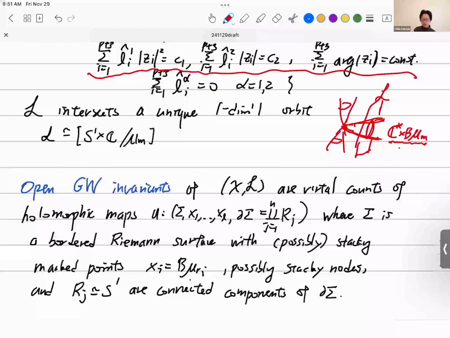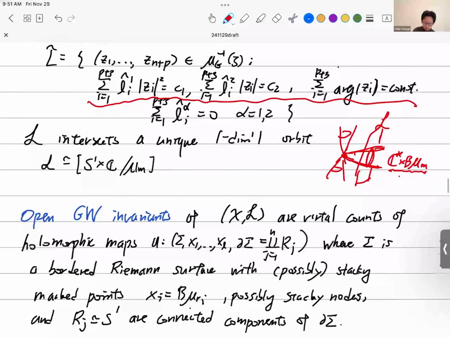I want to say that in the original paper by Fang, Liu, Tseng and Zong, when they do the orbifold case, they still want L to intersect just a copy of C star. But we can allow this.